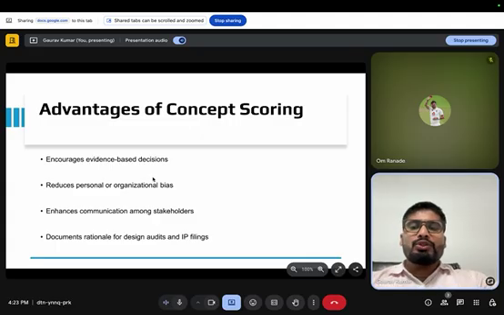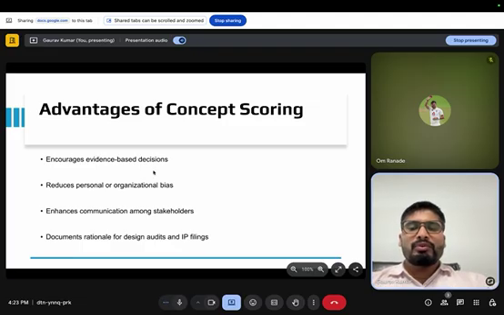So the method also enables stakeholder communication with numerical results and transparent criteria. So discussions become fact-based, improving the collaboration between engineers, designers, and managers. Furthermore, the scoring serves as documentation during audits, patent filing, or certification reviews.